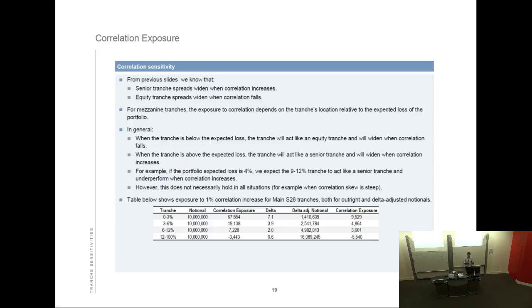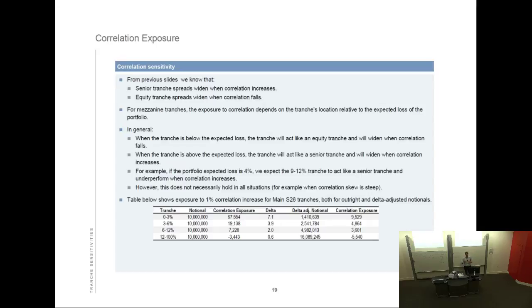You can think of the expected loss in your portfolio as being like the at the money level, to use the option equivalent, and then any tranche that attaches before it is in the money, any tranche that attaches behind it is out of the money, and out of the money tranches are a bit more like senior tranches, and in the money tranches are a bit more like equity tranches.